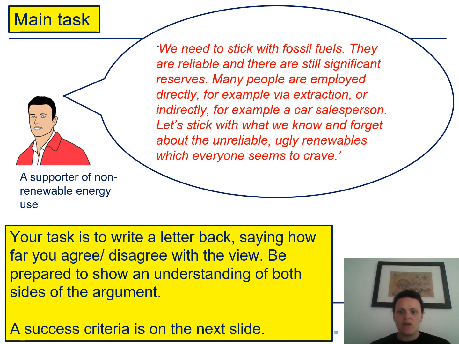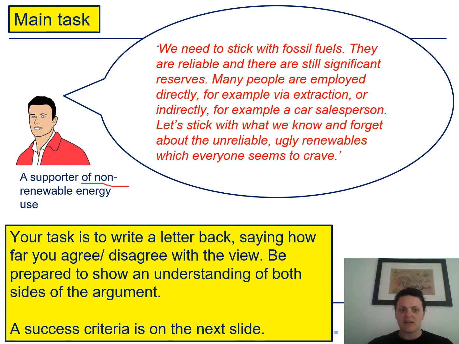So moving on then to our main task. You can see here we've got a person in the red jumper there, and he has an opinion about renewables and non-renewables. Let's have a look at it. Now he is a supporter of non-renewable energy.